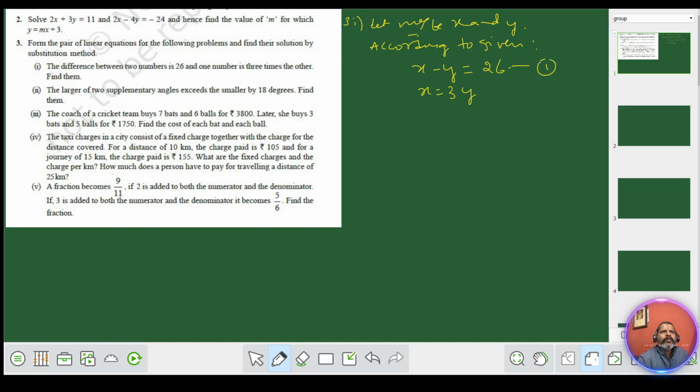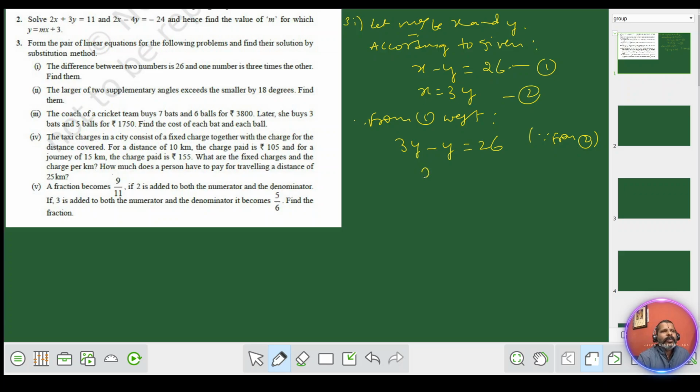So these are equations 1 and 2. Solve it. Directly we have x equal to 3y. Therefore, from 1 we get, x equal to 3y, right? 3y minus y equal to 26. Because we substituted 3y in place of x.